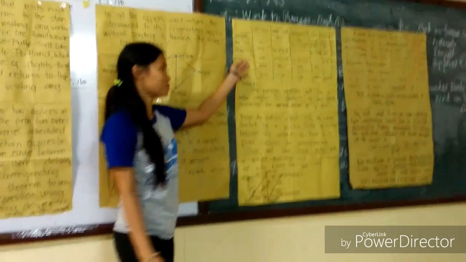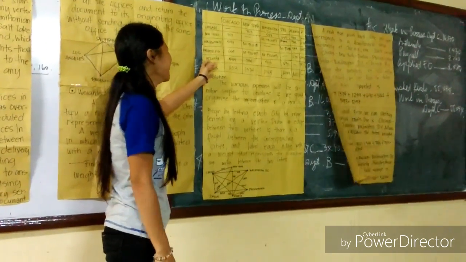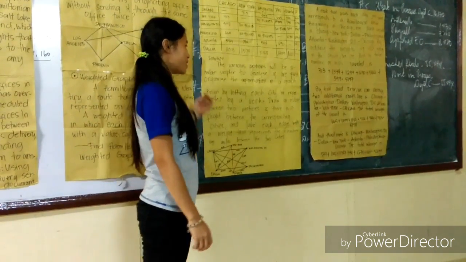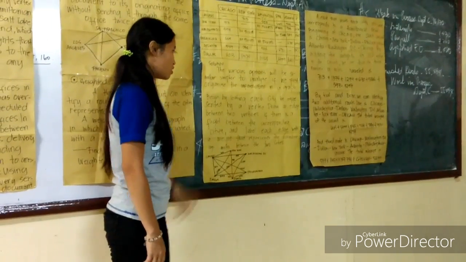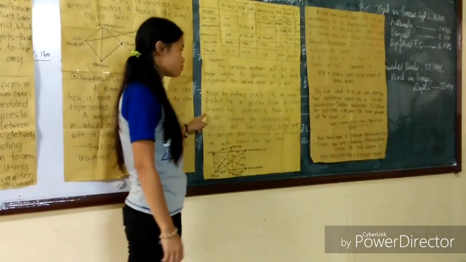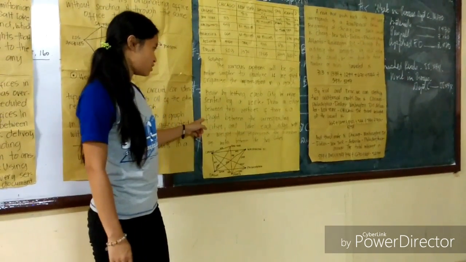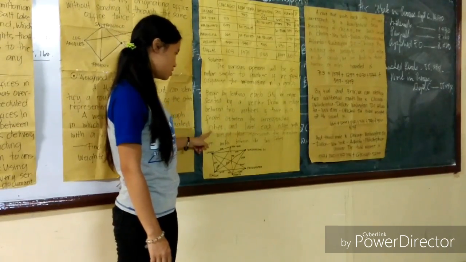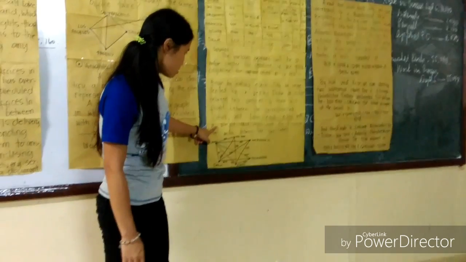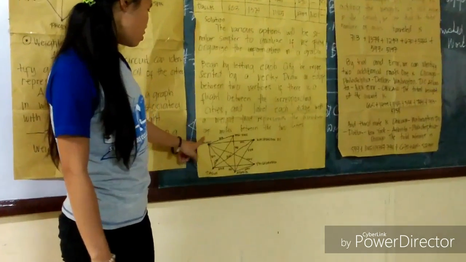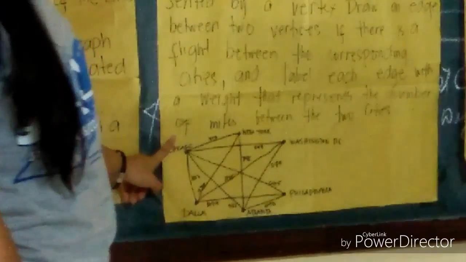So this is the example. Begin by letting each city be represented by a vertex. Draw an edge between 2 vertices if there is a flight between the corresponding cities, and label each edge with a weight that represents the number of miles between the 2 cities.